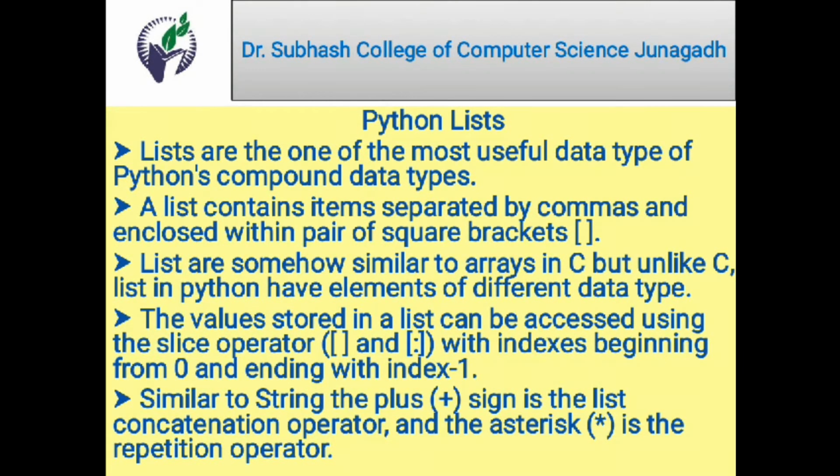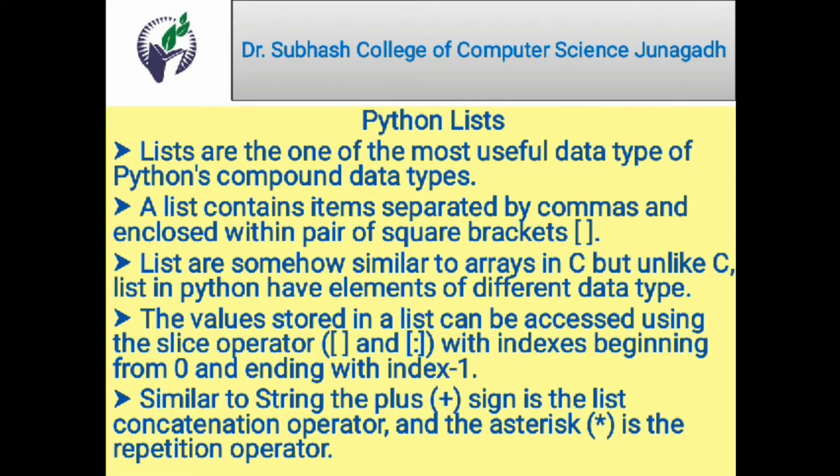As we have seen with arrays in C, we can initialize an array with values separated by commas. In the same way, a list contains items separated by commas and enclosed within a pair of square brackets.